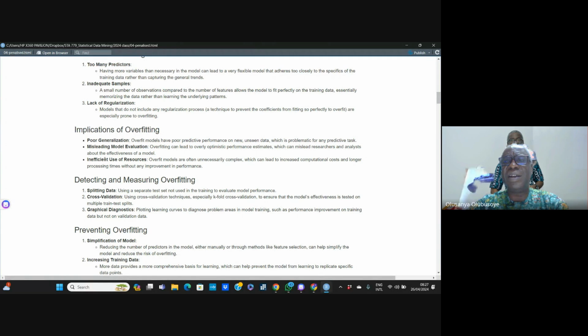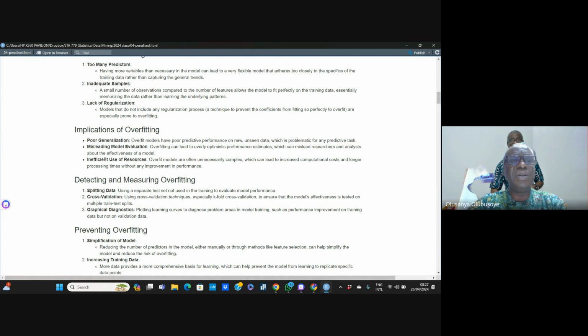So prediction will be poor, and the model cannot generalize the pattern in the structure or the inherent behavior of the data set.